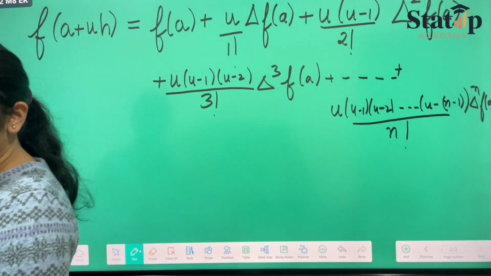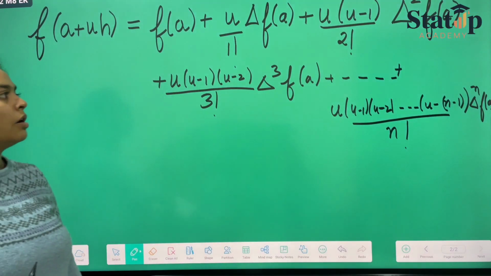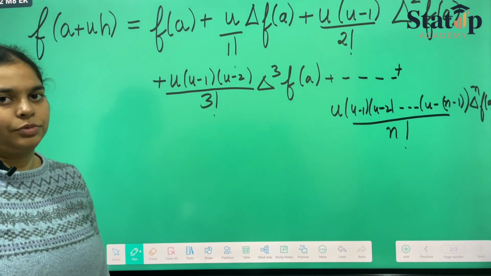This is our Newton-Gregory's formula for nth terms.